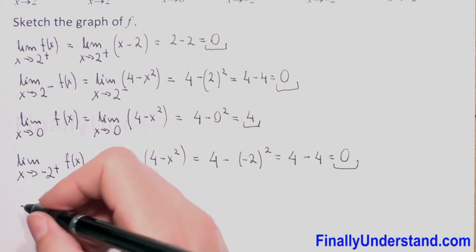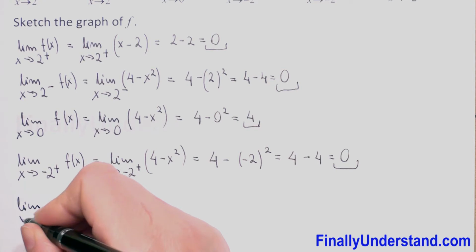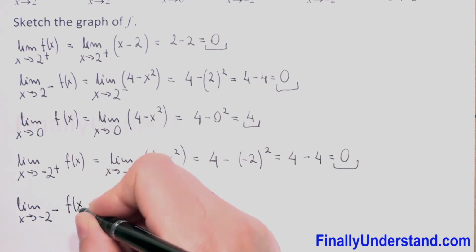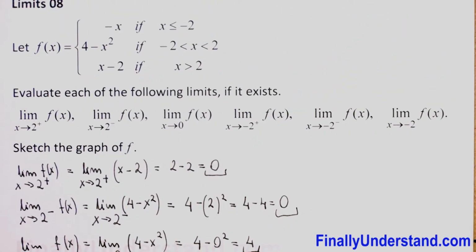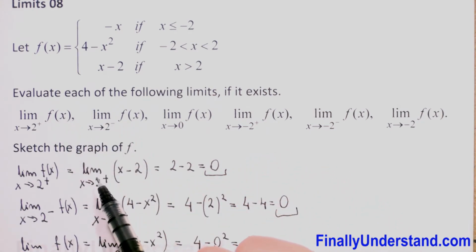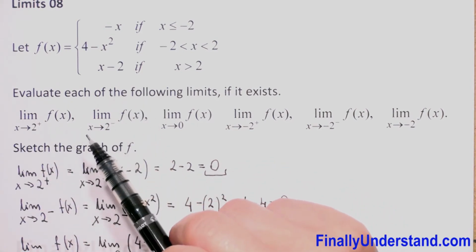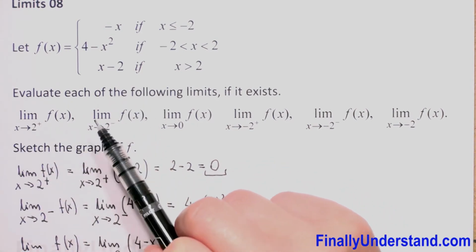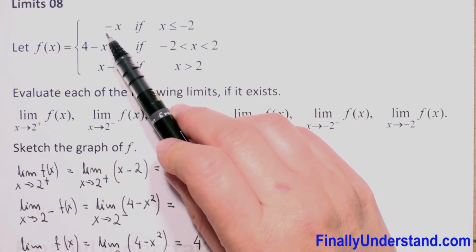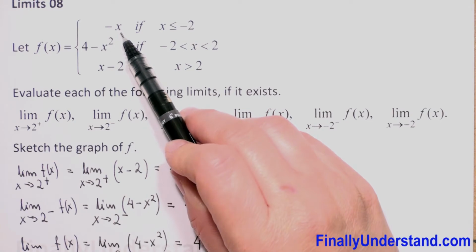Now we have to find the limit as x approaches negative 2 from the left. So let me write this. We have the limit as x approaches negative 2 from the left of f(x). Now we have to check which formula of our function represents x approaching negative 2 from the left. It means value less than negative 2. Values less than negative 2 we have for negative x.